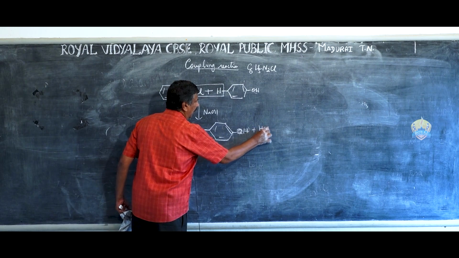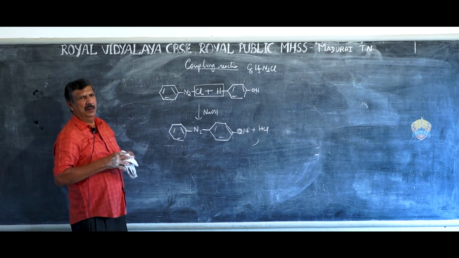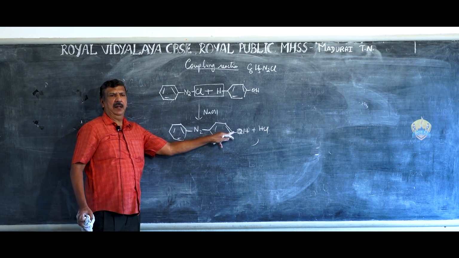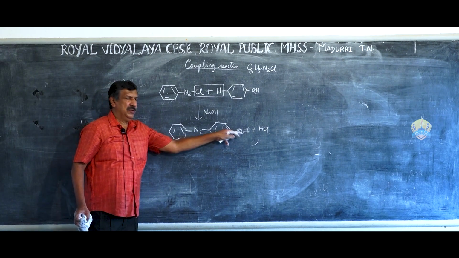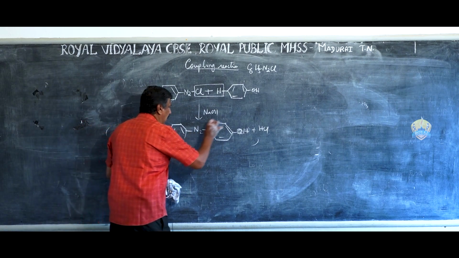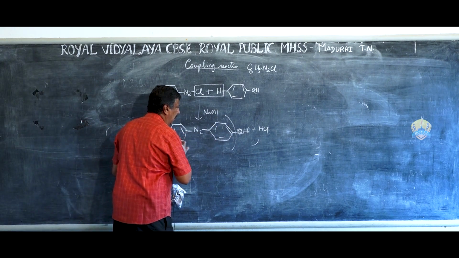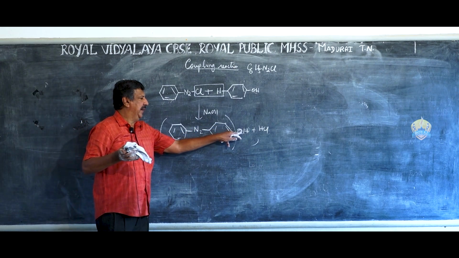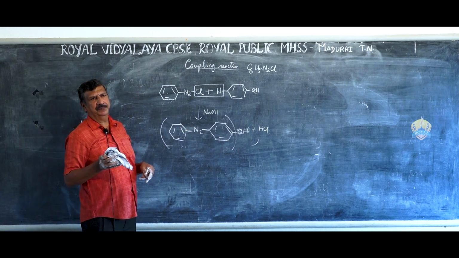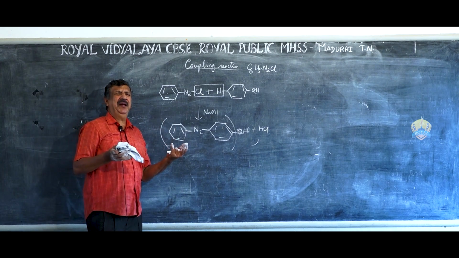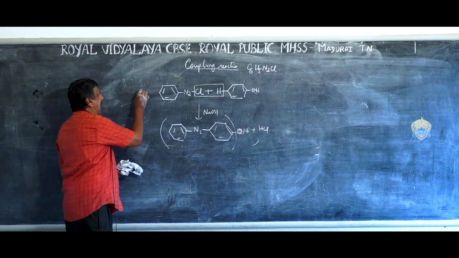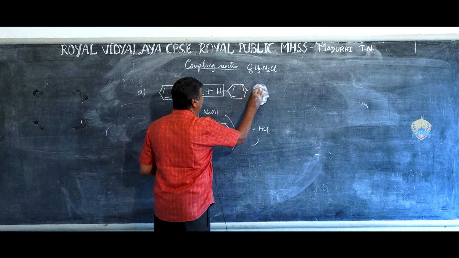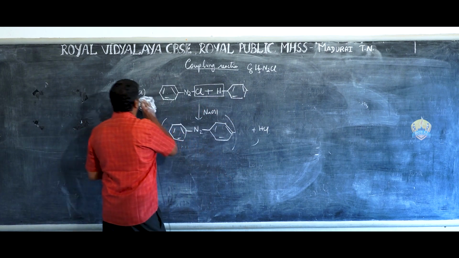What is the name of this compound? With respect to this, it is called para. So, para hydroxy azobenzene. This group is called azo. So the name is para hydroxy azobenzene. If somebody asks for aniline, you change the reactant.